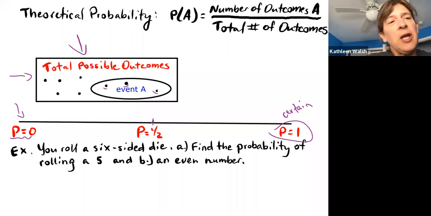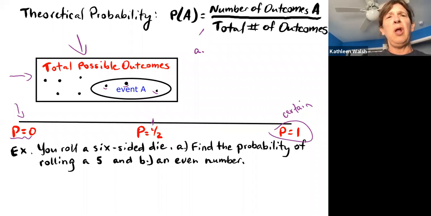So let's look at our first example. It says, you roll a 6-sided die, and they ask us to find the probability of rolling a 5. I'm going to use this formula right here.